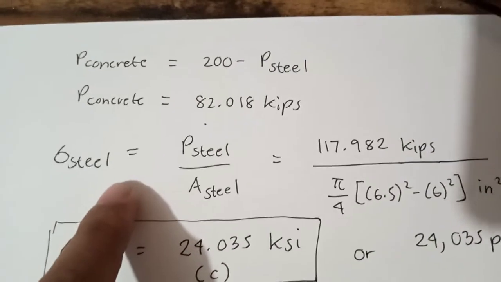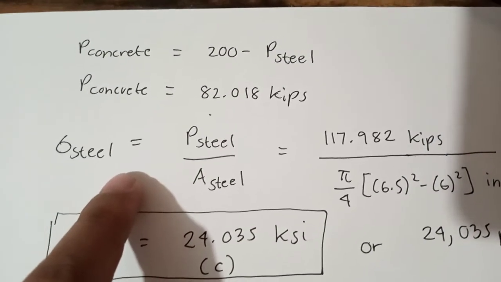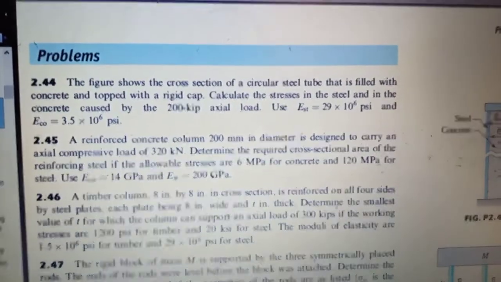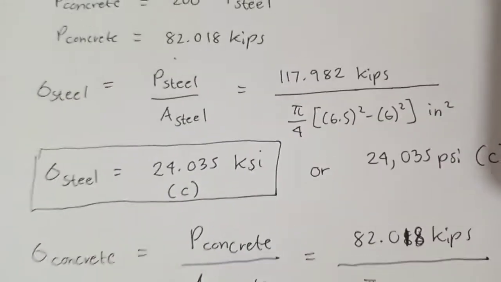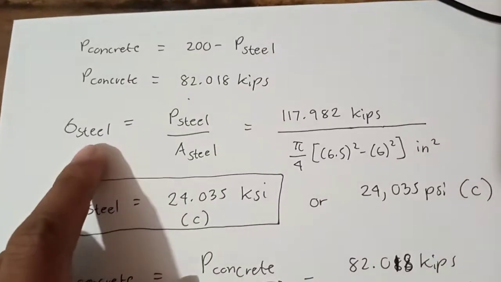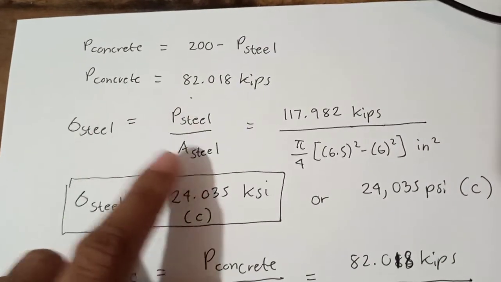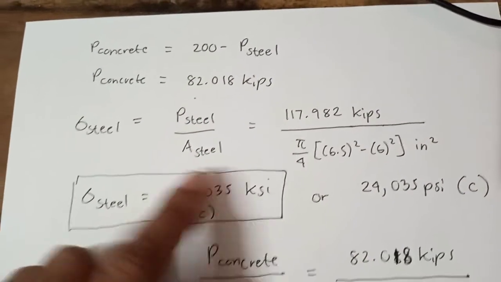So it is being asked to calculate the stresses in steel and in concrete. From that, we have the P concrete and the P steel, so we simply divide by their areas, respectively. The stress in steel is equal to P over A of steel.